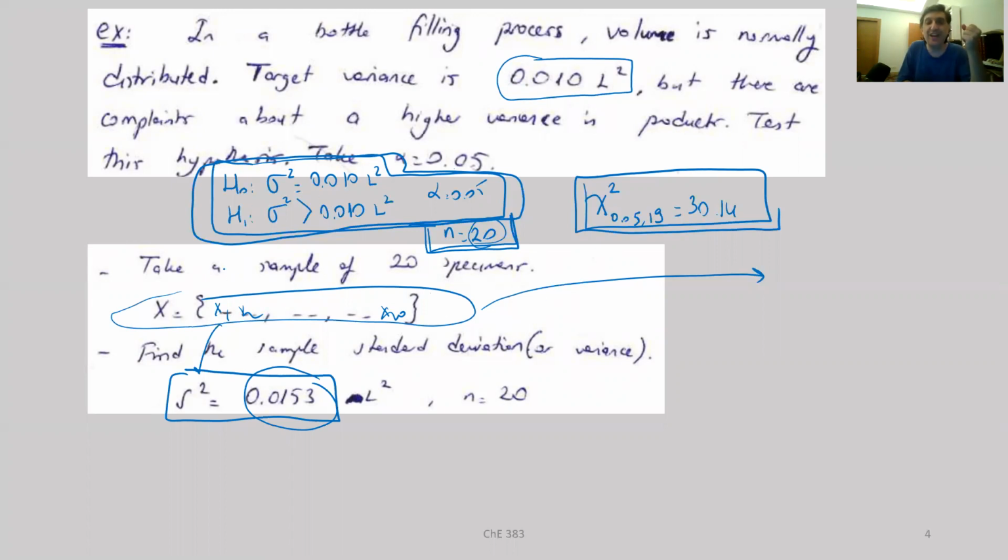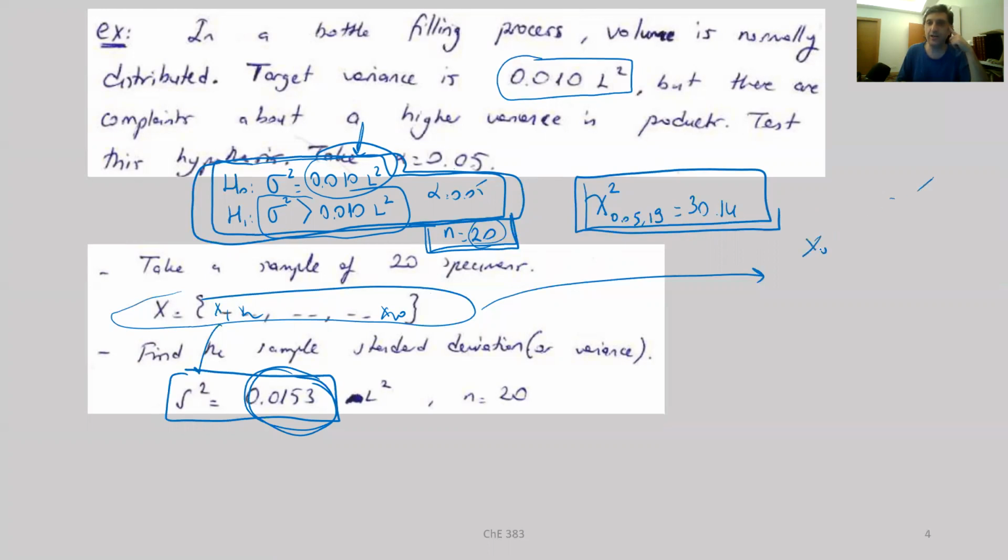Can we say that variance is actually not equal to 0.010? I repeat again, is this S square value significantly large compared to the hypothesized value such that we are going to deem the hypothesized value to be wrong, and actually the actual variance is greater than this hypothesized value? All right, so in order to do that, we do this test.